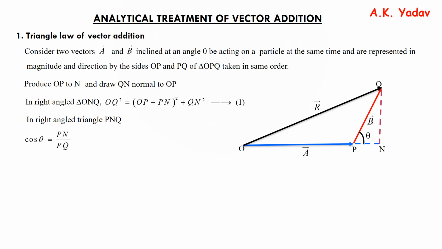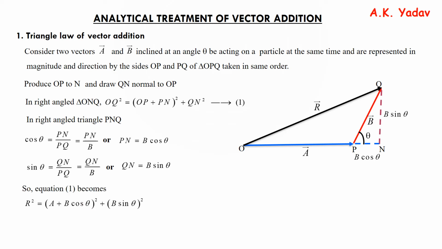What about cos theta? Cos theta is PN by PQ, which will give us PN by B, or PN is equal to B cos theta. Yes, this is B cos theta. Let's find sine theta, which is QN by PQ, which is QN by B, or QN is equal to B sine theta. We will put these values of PN and QN in equation number 1.